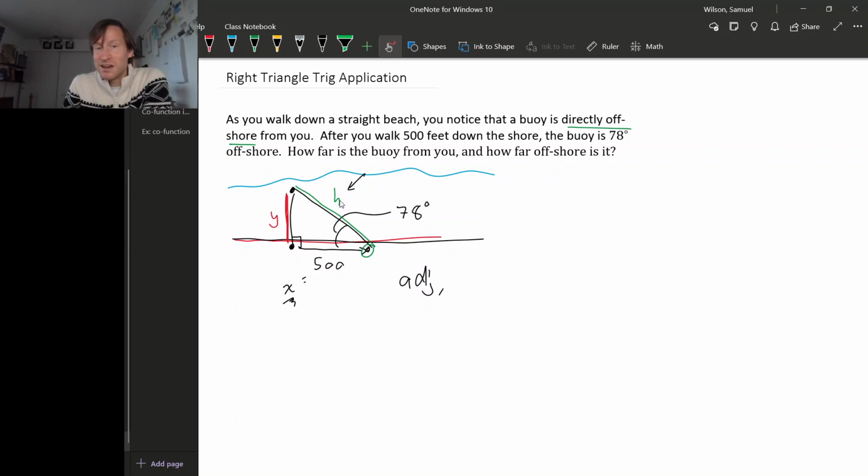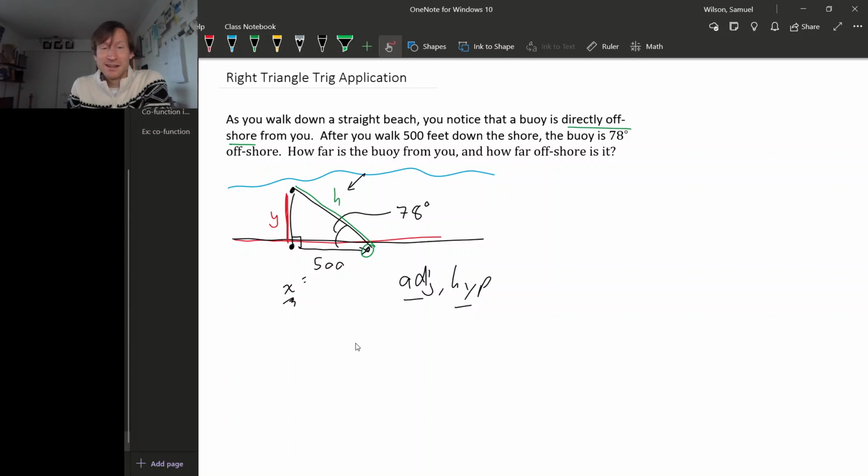We want to find the hypotenuse, so we should use a trig function that has the adjacent side and the hypotenuse. That's going to be either cosine, which is adjacent over hypotenuse, or secant, which is hypotenuse over adjacent. But sine, cosine, and tangent are the big three. If you can use one of the big three, use one of the big three.